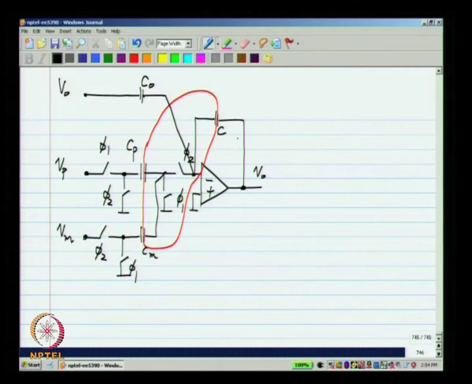And in this particular case let me call this VQ and maybe this one as CQ.